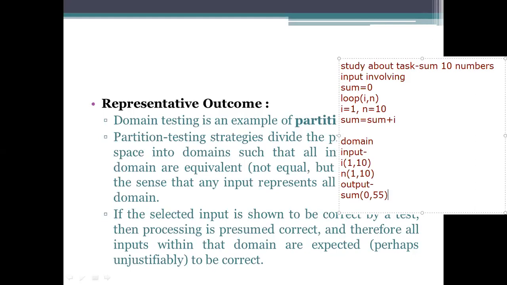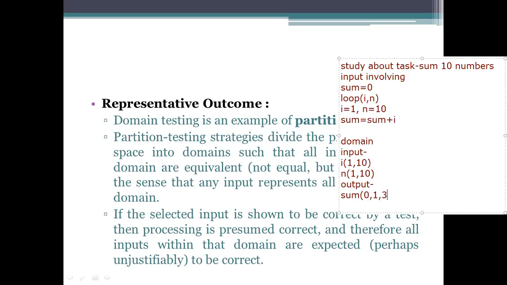If we execute it step by step, the first value is 0 and then 1. By adding 2 to 1, we get 3.